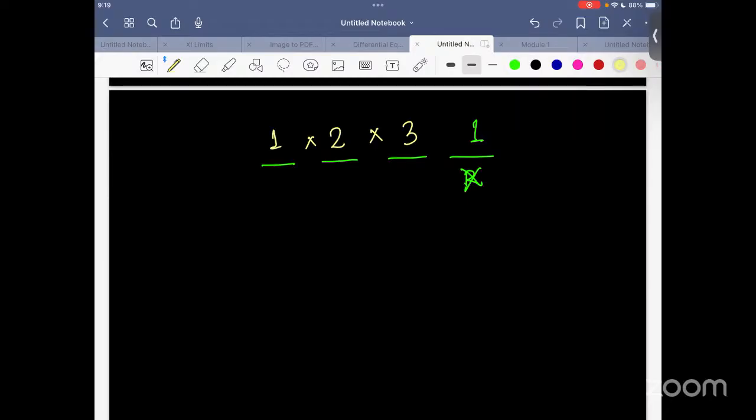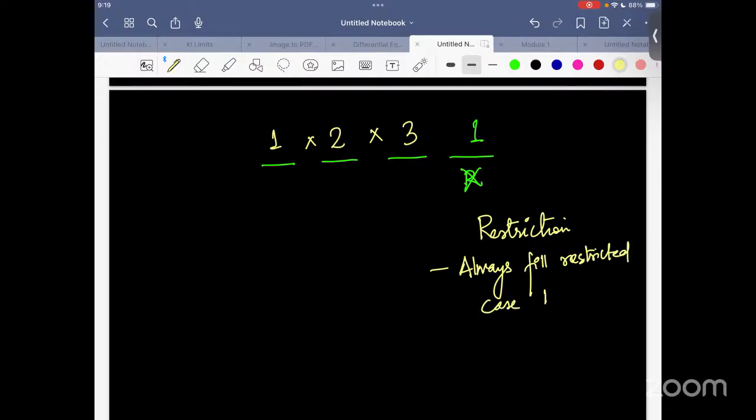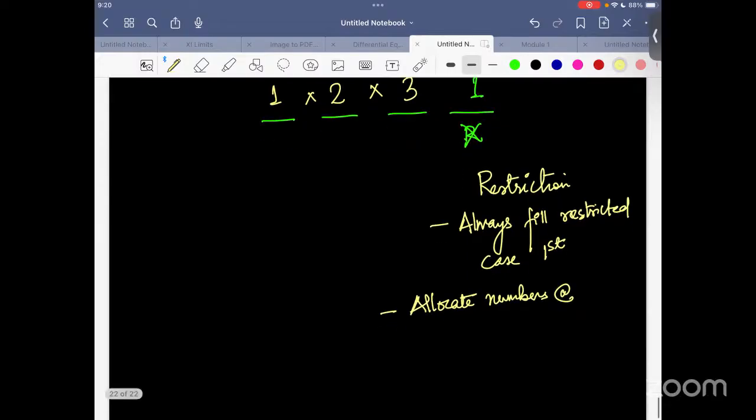The answer is no. But whenever there is a restriction case, always fill the restricted case first. I mean, apply or allocate numbers at the restricted position first, because unrestricted positions are free, right?